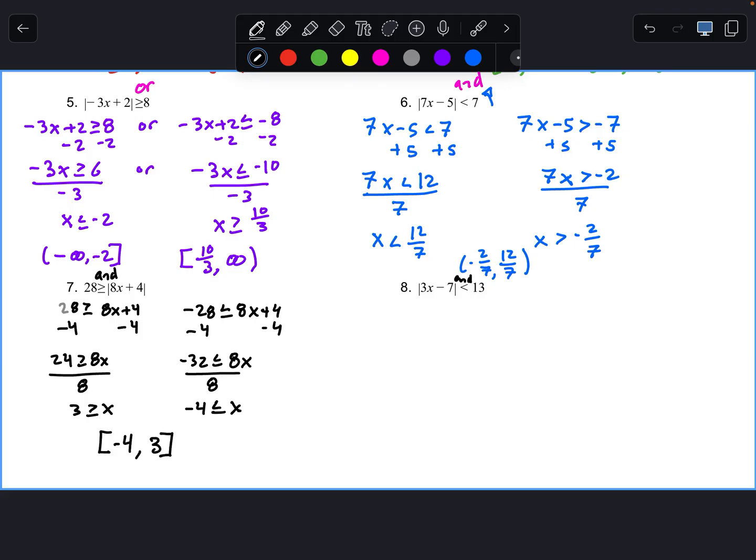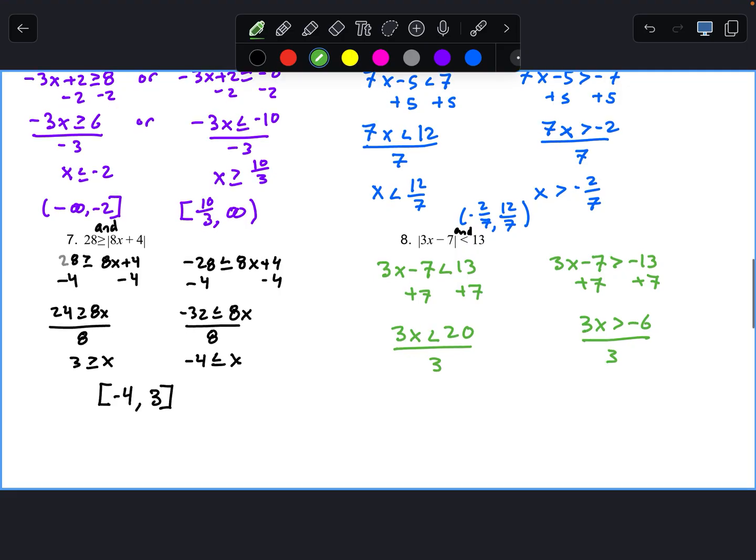And now we're on to the very last one. 3x minus 7 is less than 13, and 3x minus 7 is greater than negative 13. As I add my 7, I get 3x being less than 20, and I get 3x being greater than negative 6.